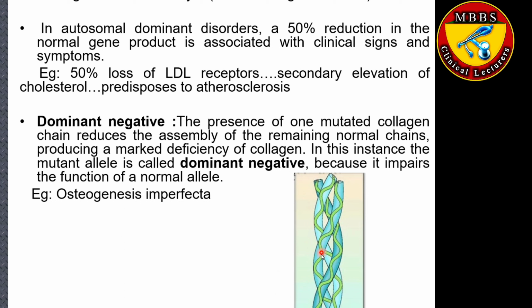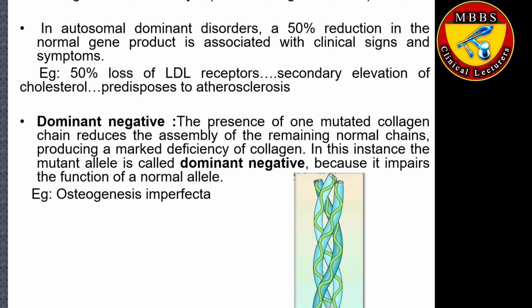So if one of the genes is mutated and the rest of the two are normal, what will happen? The mutated gene reduces the assembly of the normal genes, right? Suppose this is a collagen chain which is mutated. It will reduce the assembly of these other normal chains, and this will produce a deficiency of collagen.